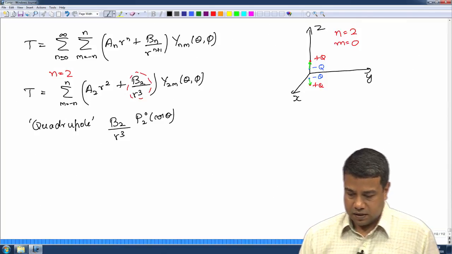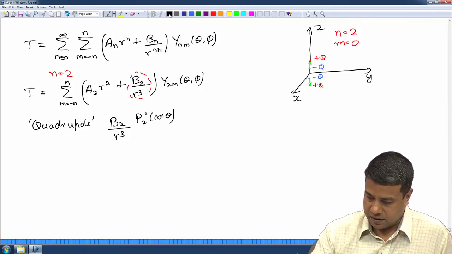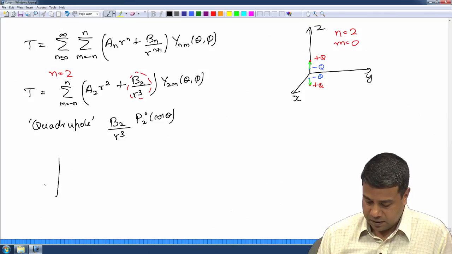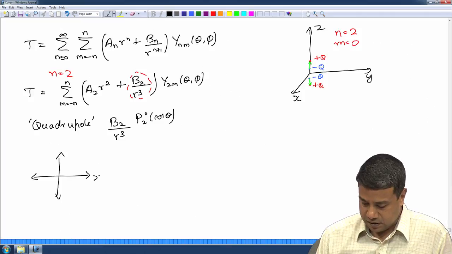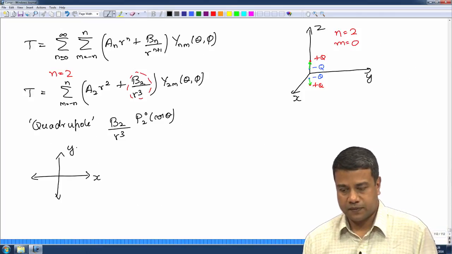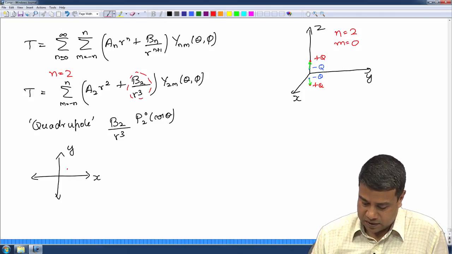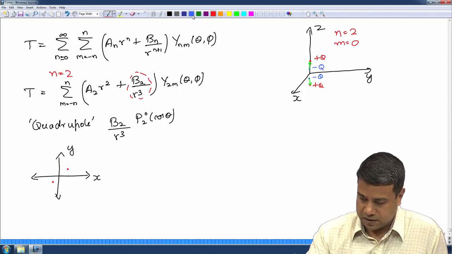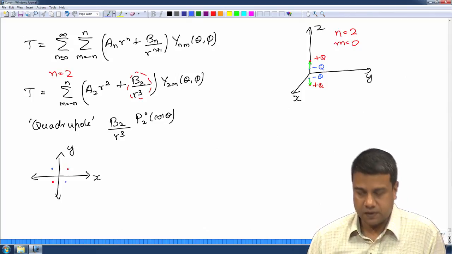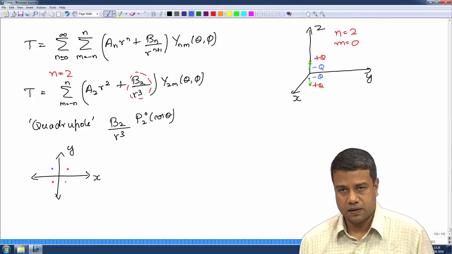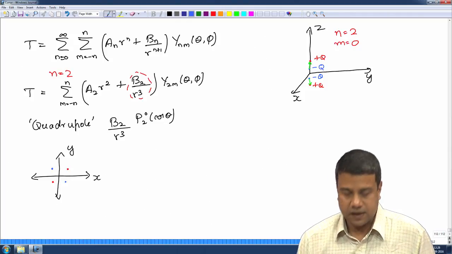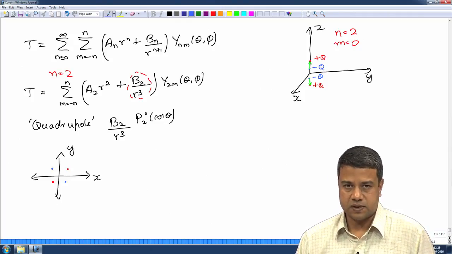These are of the form. The first one is along the x y plane. You have 2 sources and 2 sinks along the x y plane. The net source is 0, the net dipole is 0.